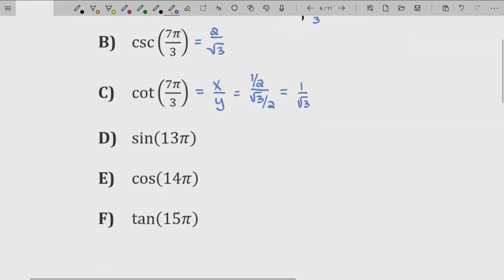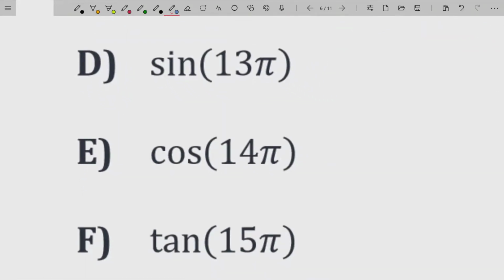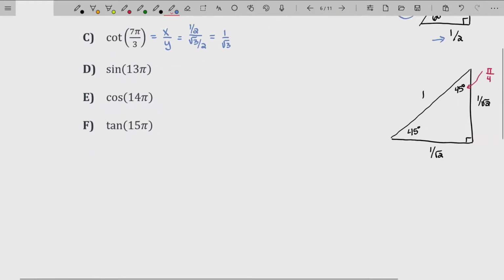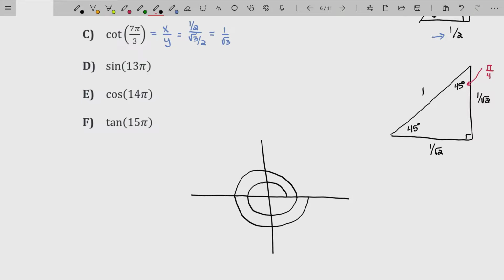And then I have these, what I call axial angles. Axial angles are angles that land on an axis. So if you consider, I'll draw it out here, that this is 1 pi, 2 pi, 3 pi, 4 pi. Basically, even pi exists on the positive x-axis and odd pi exists on the negative x-axis.